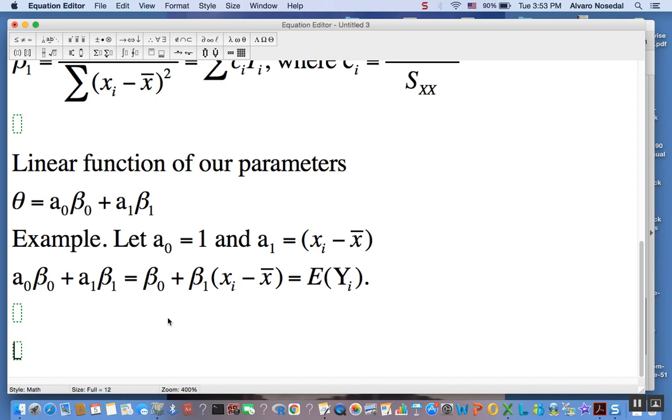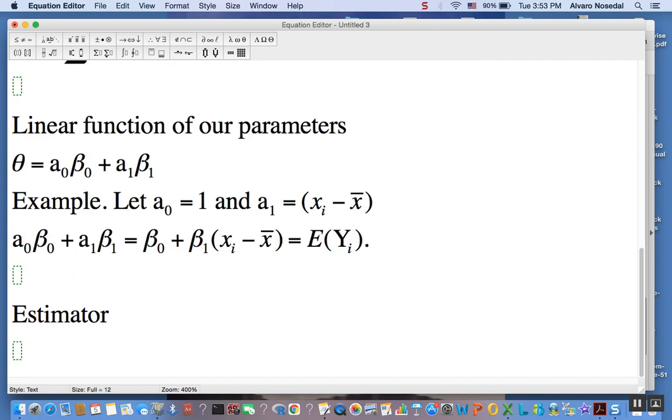So what I'm trying to do is justify that a good estimator for that quantity theta that we are interested in is just theta hat equals a linear combination of our estimators for beta 0 and beta 1.